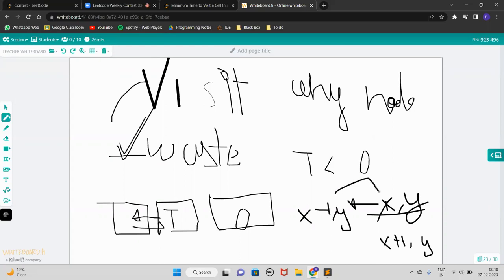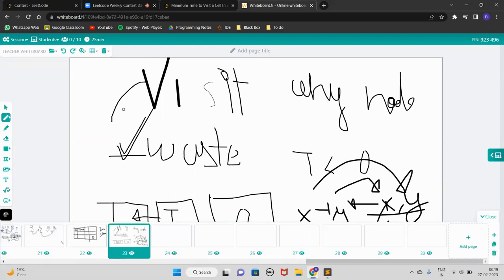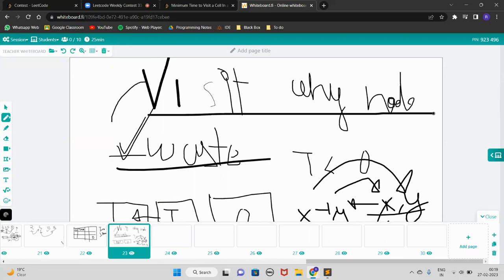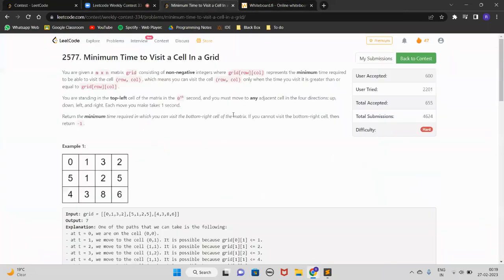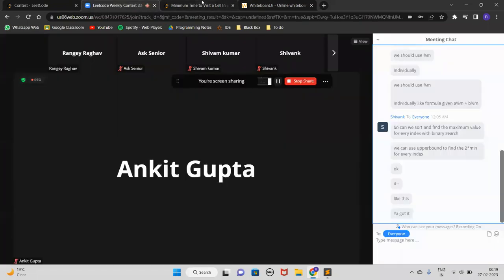Then in the next move, we can come back and check again at (x+1, y). Then again we can return, and again we can do it like this. So this is the main observation of this problem, that we are allowed to waste time. In other problems, if we were only able to visit a node one time, then we would not be able to waste our time. Okay, so hopefully it is clear to you that we are allowed to waste time in this problem.